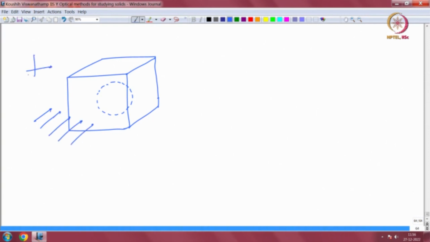I will put the coordinates again, this is Z, the other is X and Y, it does not matter which is which, and the screen is basically the XY plane. Okay. So, the first sample we have is a metal cube with a spherical hole.